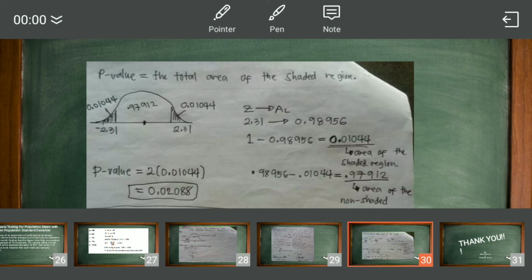Okay, so next, para naman po makuha natin yung area of the non-shaded region, we will just subtract 0.01044 from 0.98956. So that we will get 0.97912. So ayan na po yung nakalagay sa ating curve.